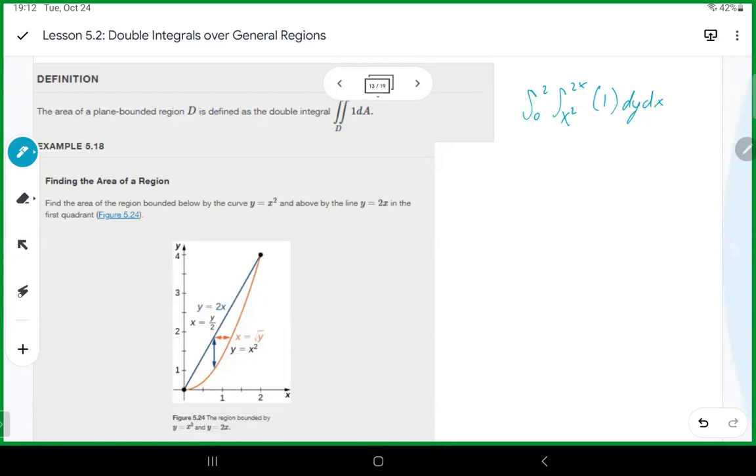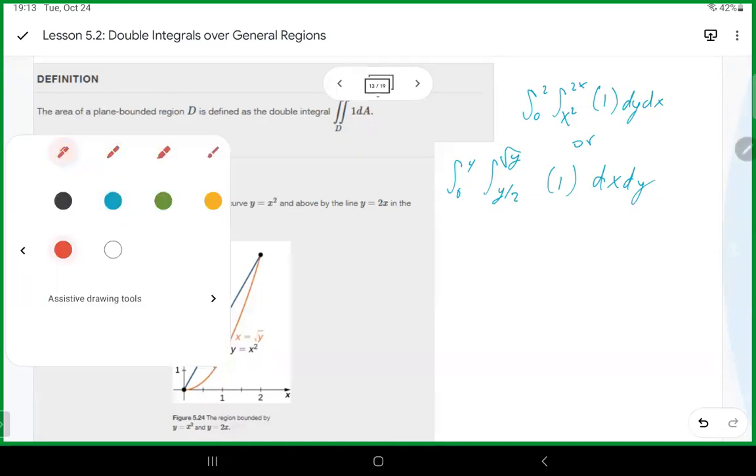Or you could flip it around and you could do 0 to 4, y over 2 to the square root of y, dx dy. Either way you do it, you should end up with the same answer.